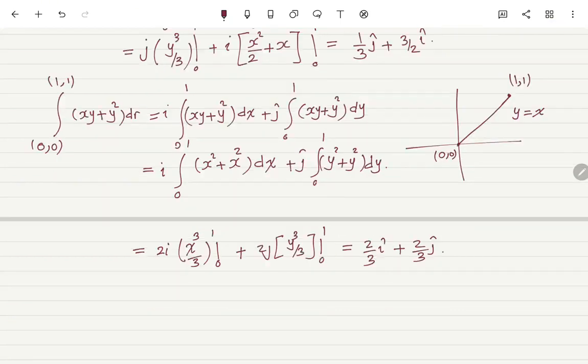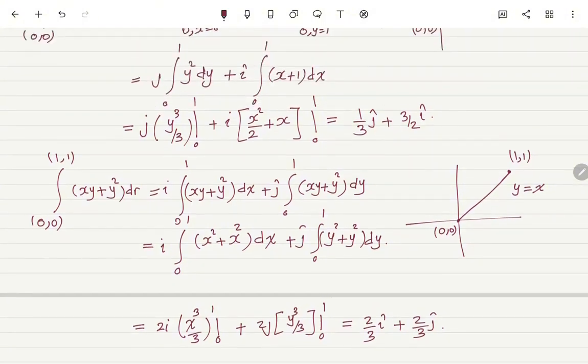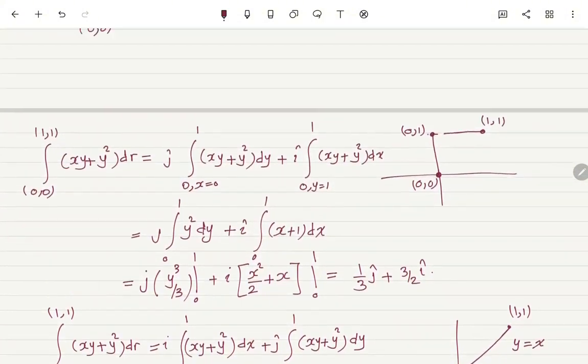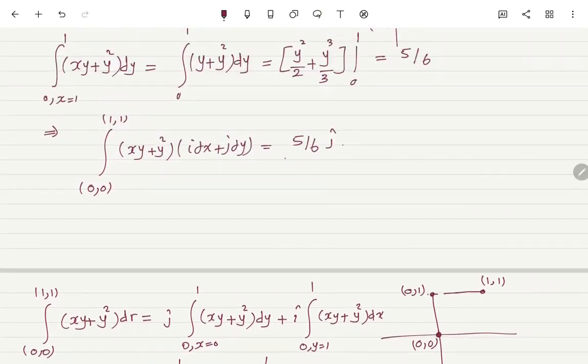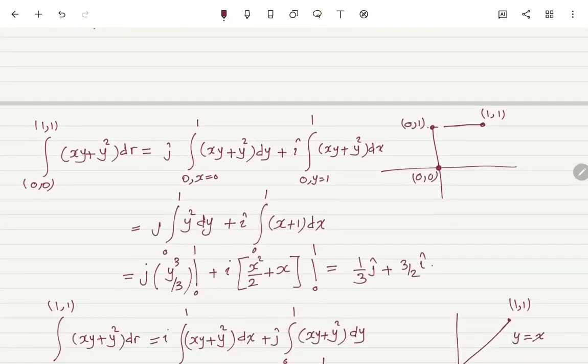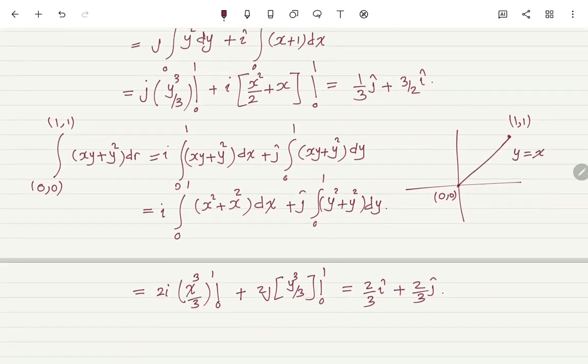Now, the reason for doing this integral along different paths is to prove that the integral is path dependent, because for the first path the integral equals 5 over 6. The second path, the integral equals 1 over 3 j hat plus 3 over 2 i hat. Now, the third path, the integral is equal to this one here.